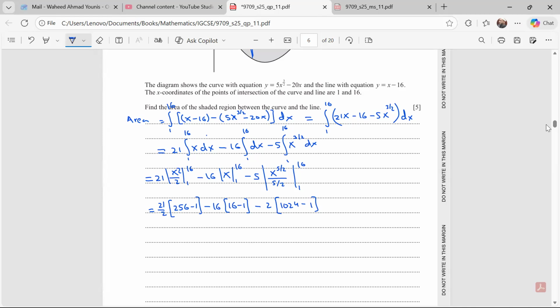Okay. So this would be 10.5 times 255 minus 15 times, sorry, 16 times 15, and minus 2 times 1023. And this all gives us a number, 391.5.